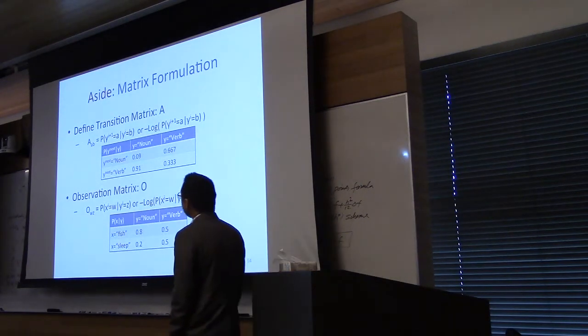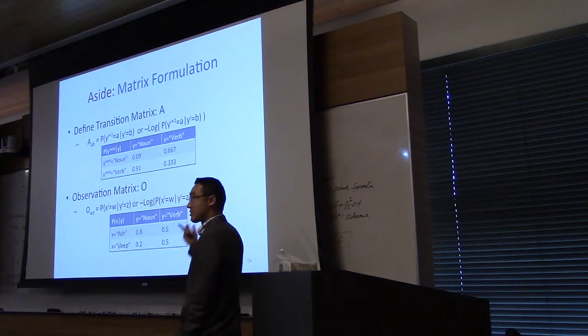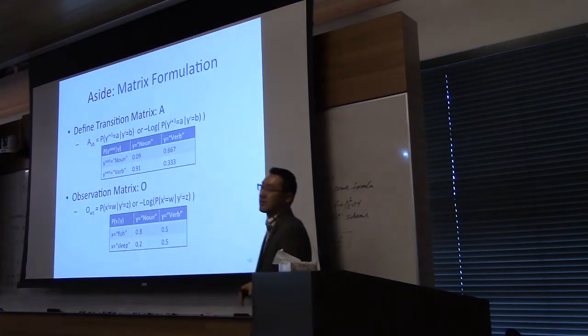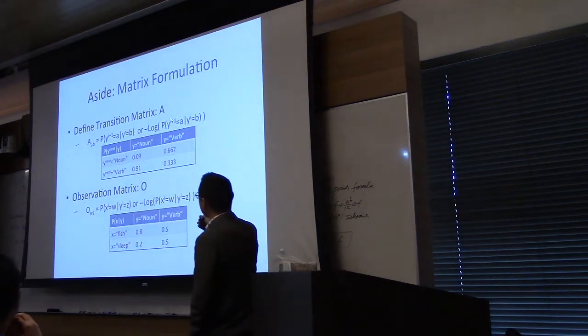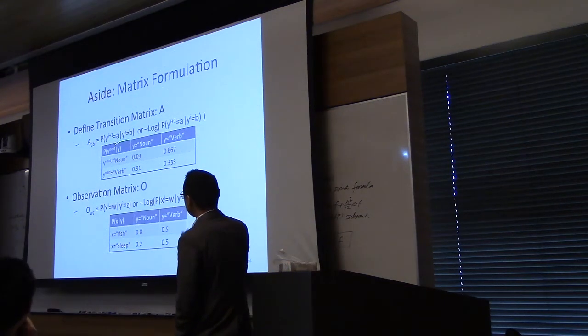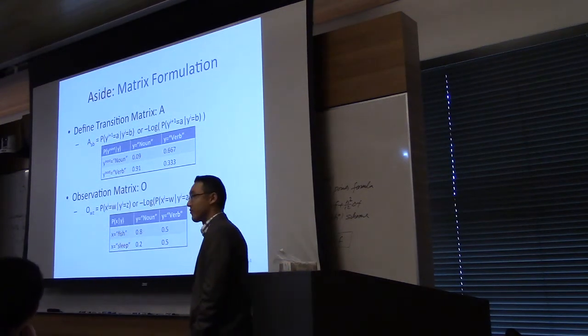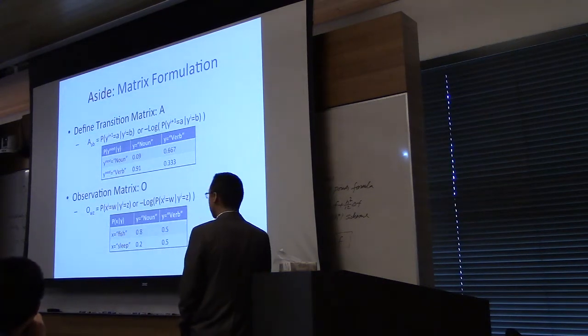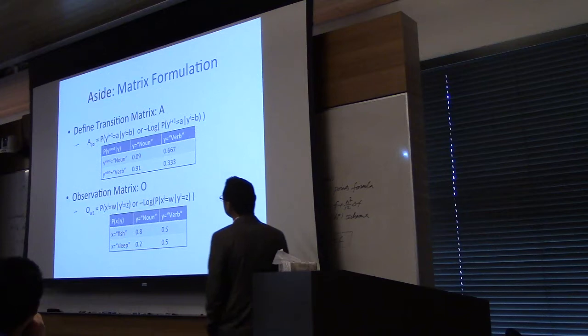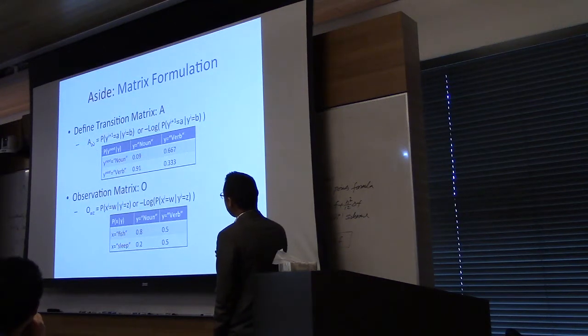Just an aside, and this is also the case in the naive Bayes lecture, it's often useful to write out these probabilities in matrix form, so you don't have to do a bunch of for loops, which makes everything super slow, because matrix multiplies are much faster. So A sub AB, you can think of it as the probability, or sometimes depending on what you're doing, it could be the log of the probabilities.